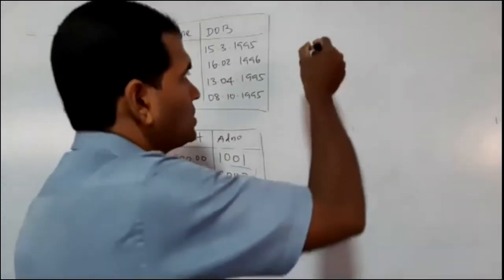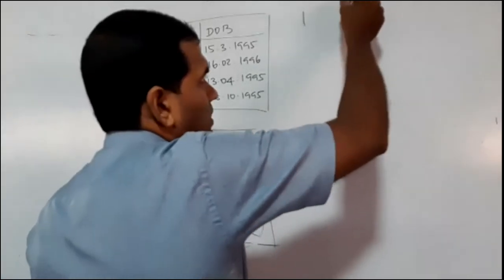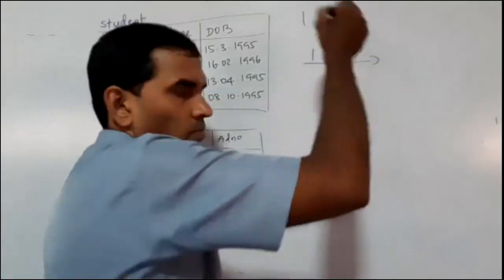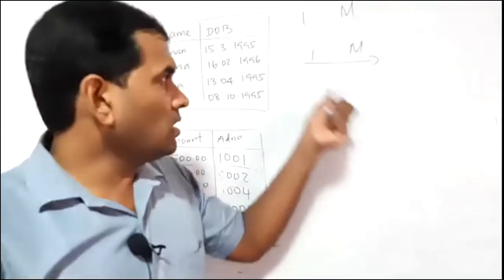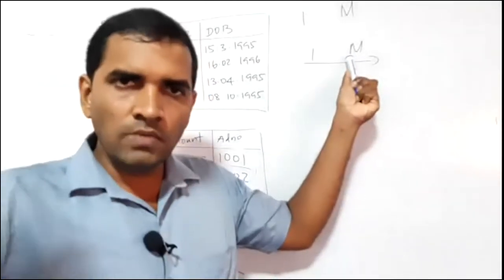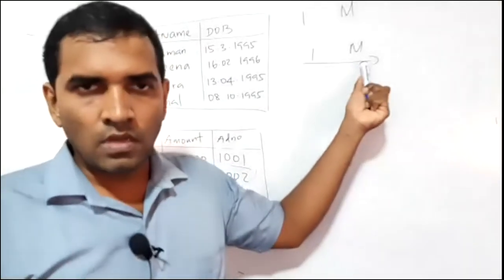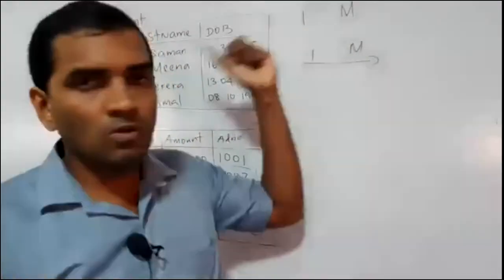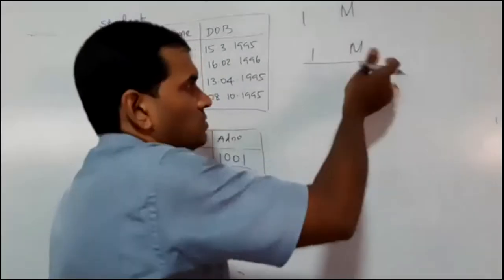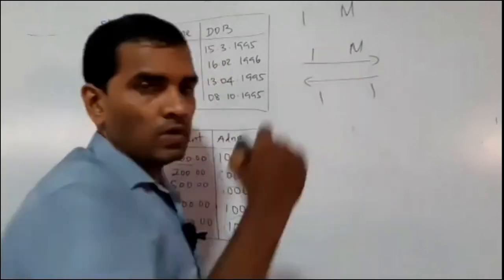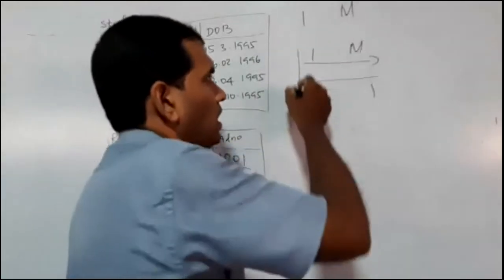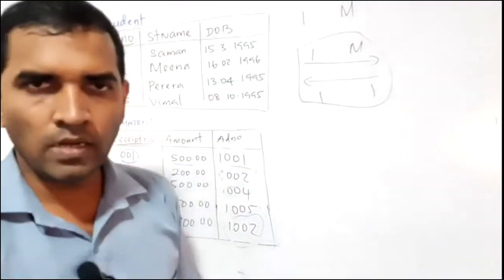Have you understood? If it is a one-to-many relationship, in one direction it must be one-to-many. What does it mean? A data in the first table has more than one similar data in the second table. But that is not enough to conclude that the relationship is one-to-many. In one side it must be, and in the opposite side it must be one-to-one. If tables have such a thing, then it must be a one-to-many relationship.